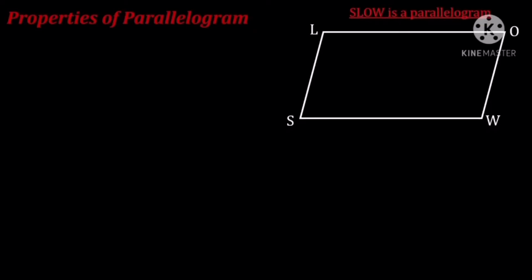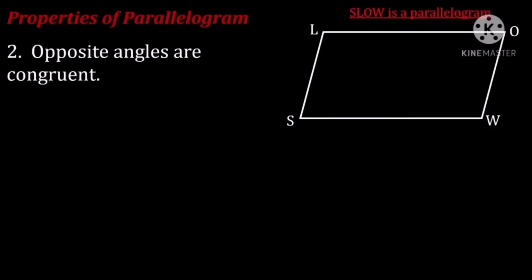So, let's move on to the second property of parallelogram, which is the opposite angles are congruent. So, again, we are still given the parallelogram SLOW, or the slope. And let's identify the opposite angles.